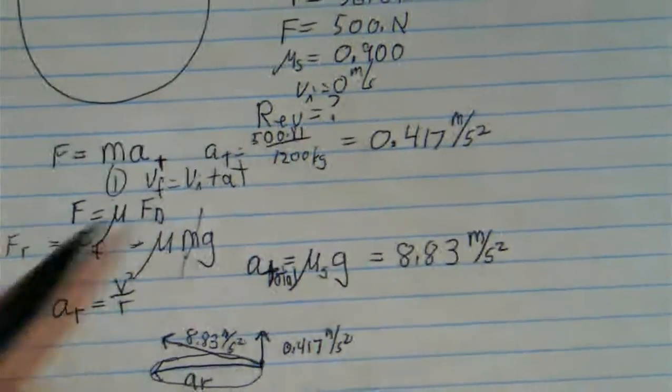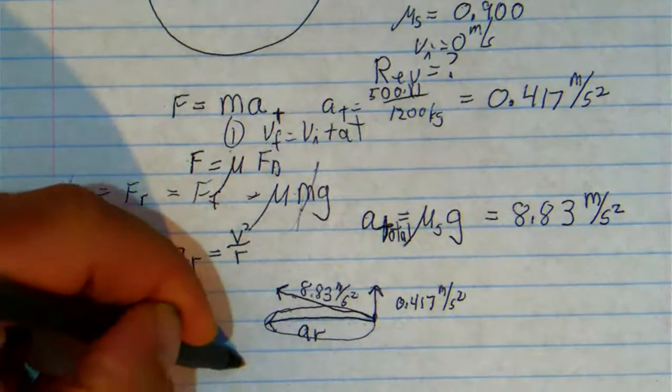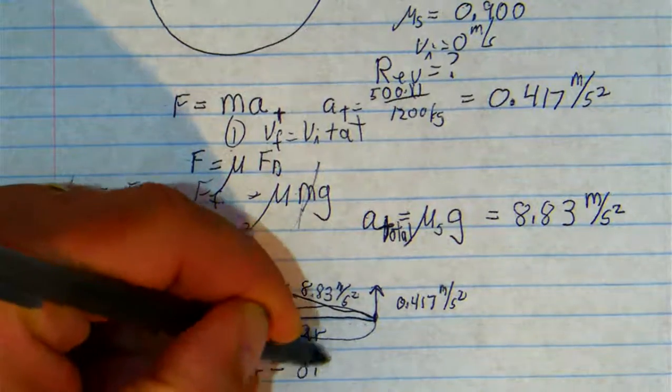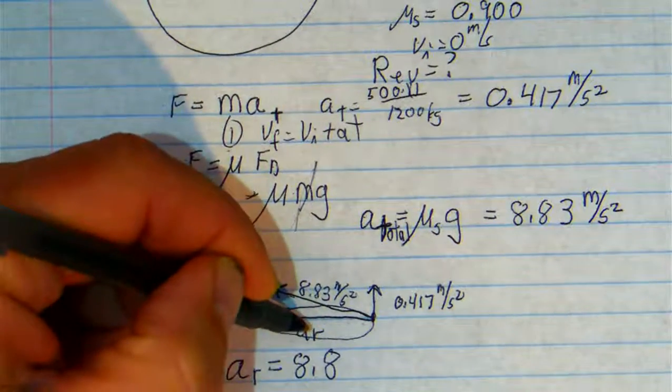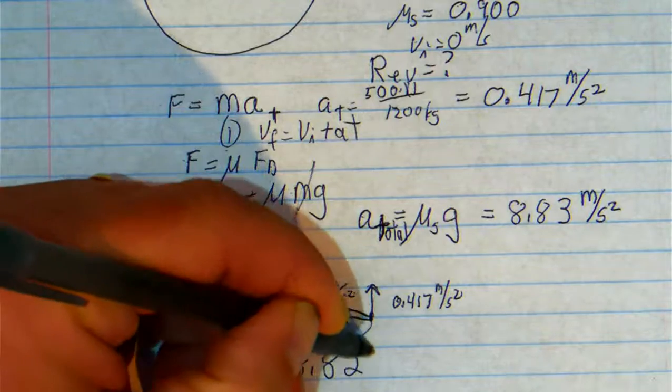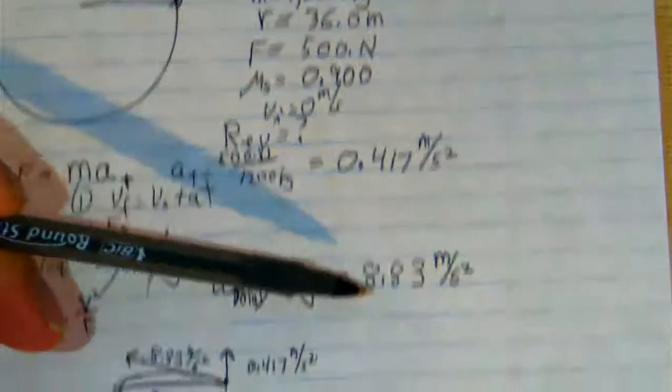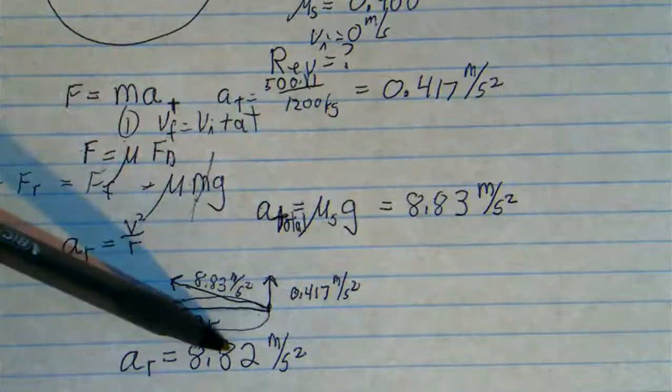Enter. And it says, aha, the radial acceleration really can't exceed 8.82 meters per second squared. You could say that's almost not worth mentioning, but I want to mention it.